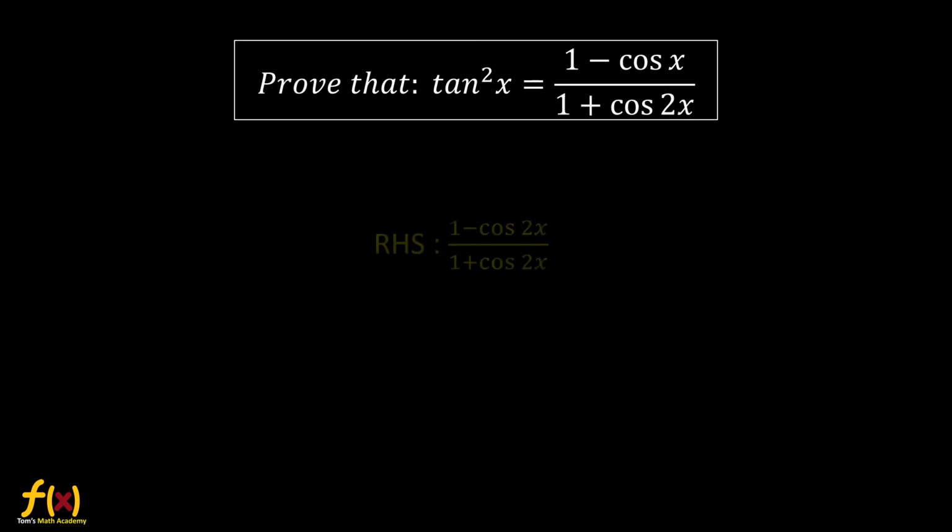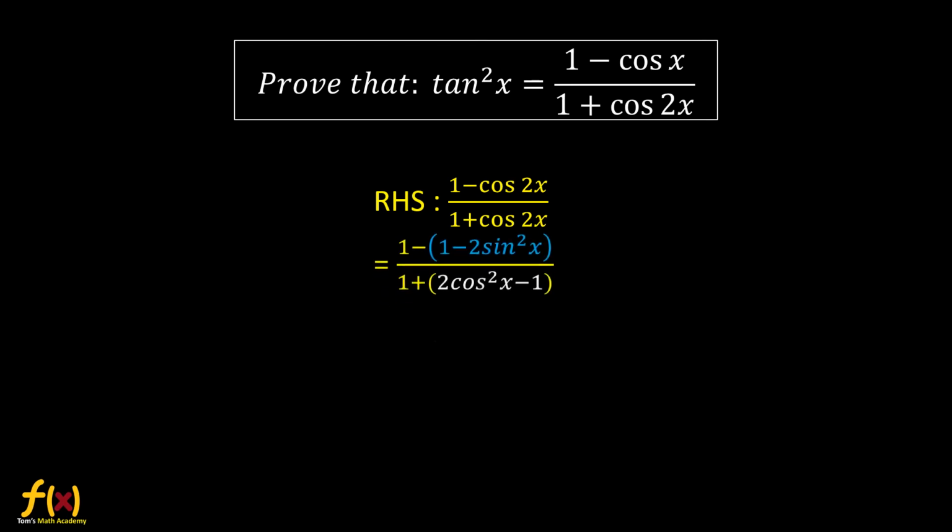Right hand side equals 1 minus cos 2x divided by 1 plus cos 2x, because we have a few double angle formulae which we can use here in the numerator as well as in the denominator. So we have to replace. We have three options for cos 2x. We use 1 minus 2 sin square x in the place of cos 2x in the numerator.